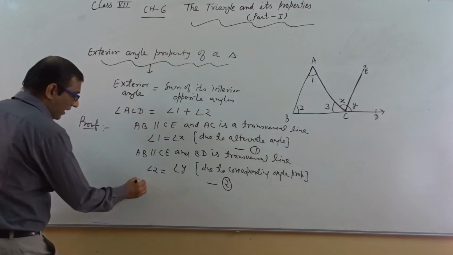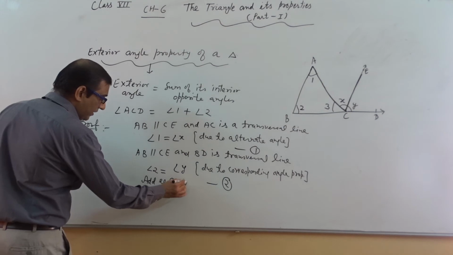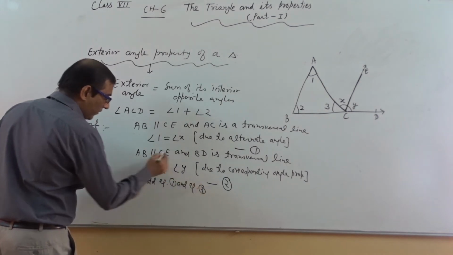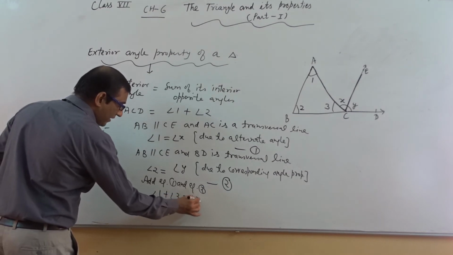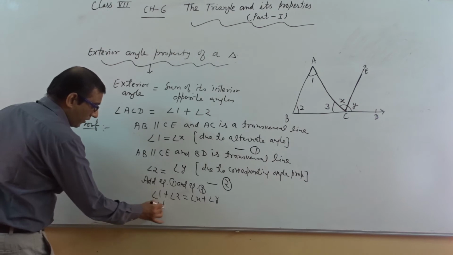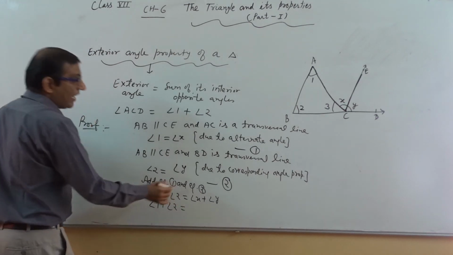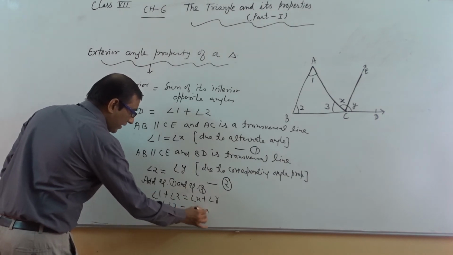Right. Now we will add equation first and equation second. So left hand side add in left hand side and right hand side add in right hand side. So angle 1 plus angle 2 and angle X plus angle Y, it can be written as angle ACD.